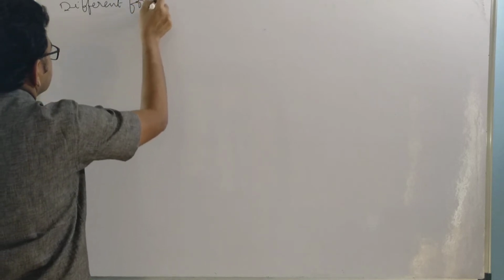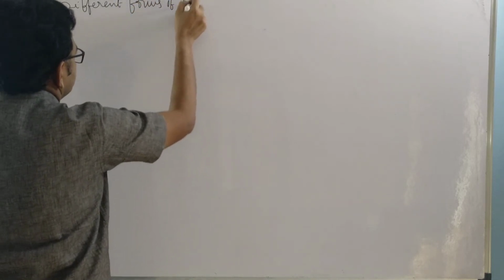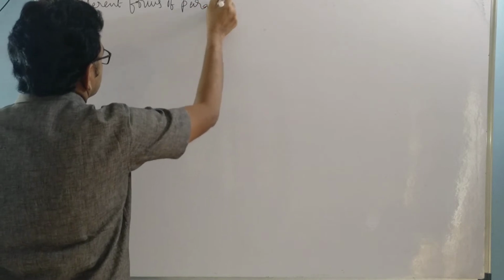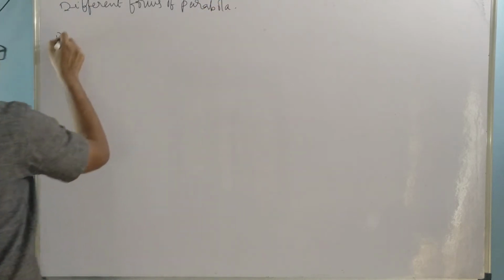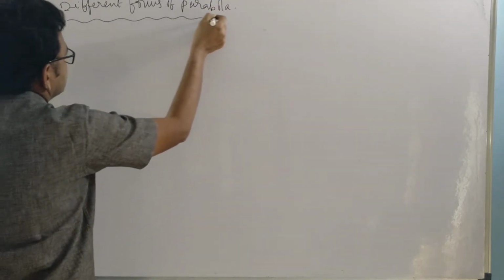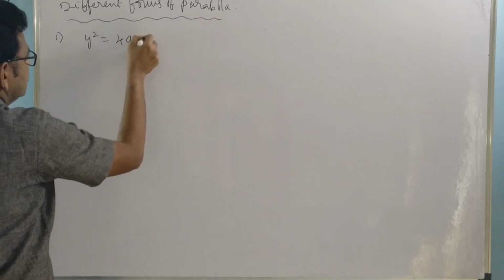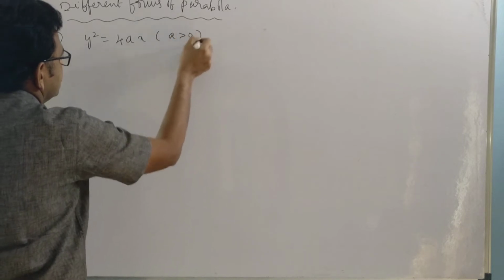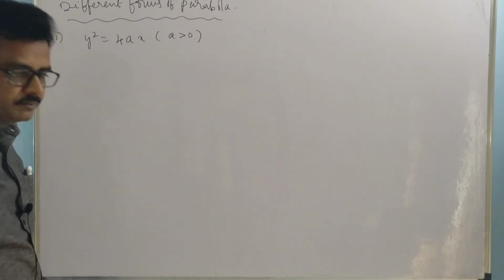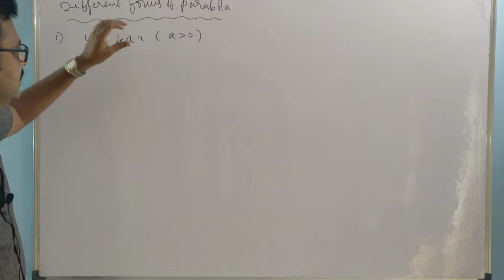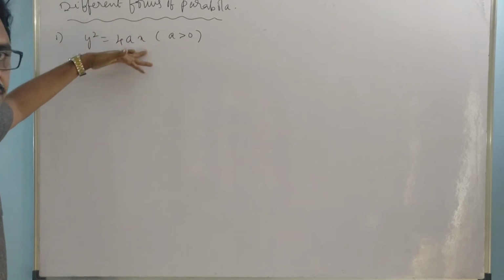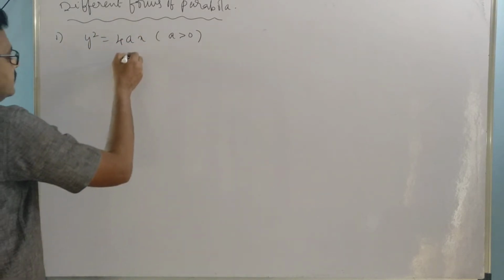Different forms of parabola. First one, in the equation of parabola y square equal to 4ax, where a is treated as always positive. So this is the general form y square equal to 4ax.